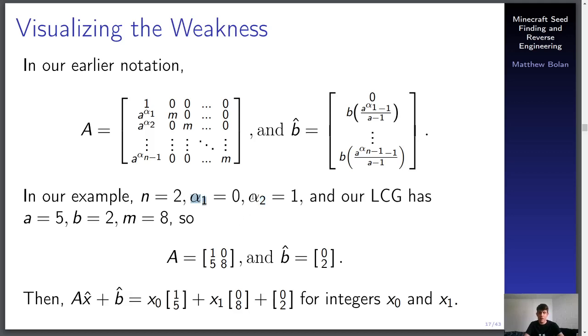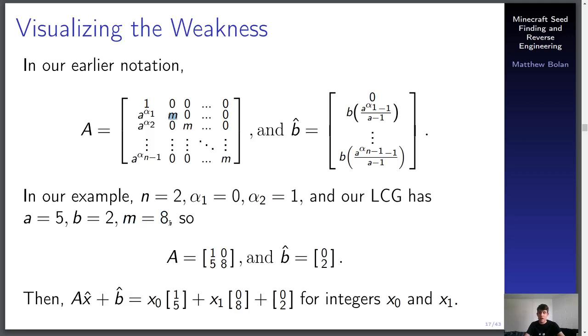This should read alpha 0 and this should read alpha 1. Every time I say alpha 0, I think of the Go engine. But okay. So besides that indexing error, our LCG here, we chose our multiplier A as 5, our addend B is 2, and our modulus M is 8.